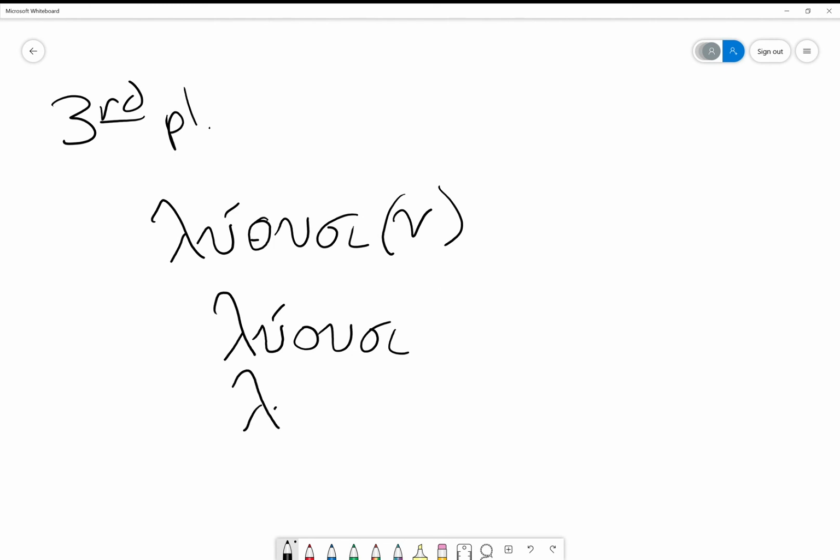You will also see lusin. Okay? There is no grammatical difference between these. They are the same thing. They have the same meaning. However, it has to do with what comes after the word, whether or not there's a vowel. Because phonetics is pretty important in Greek, and words will change their spelling because of phonetic reasons, and this is one of them. Greek will tack a nu on here so that you don't have too many vowels in a row.